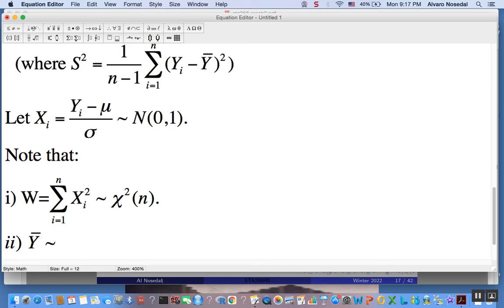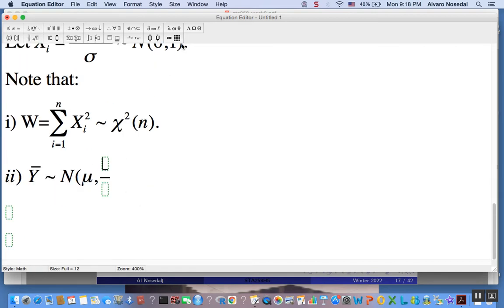What we showed is that the distribution of y bar is going to be normal, again, with the same mean and variance sigma squared divided by n. So same mean, but the variance will be affected by the sample size.